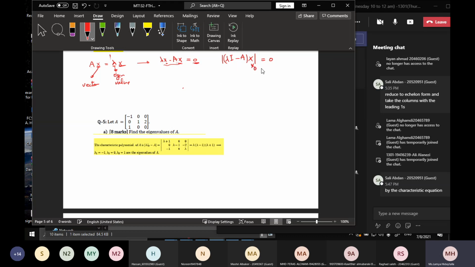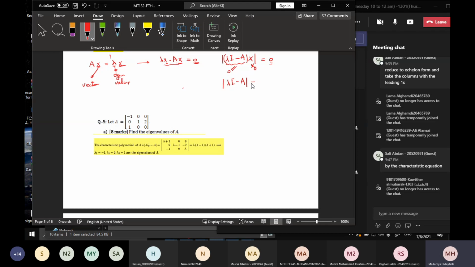So to have this determinant equal to 0, the other part should equal 0. So we have the determinant of lambda I minus A equal to 0. A determinant is always a real number, one value, but since here I have lambda, it is going to be an equation in terms of lambda. And this equation we call the characteristic equation. Clear?